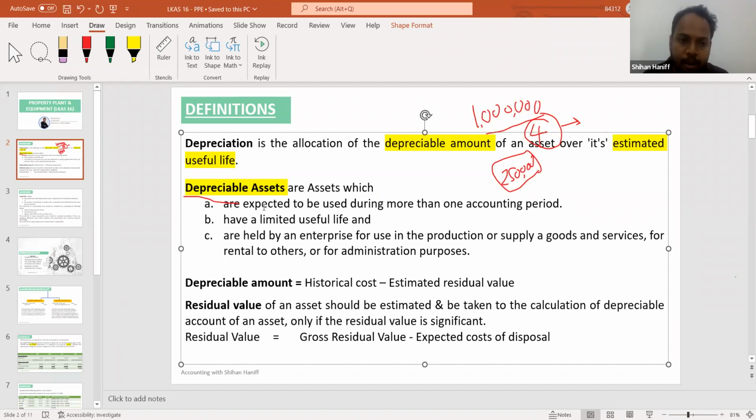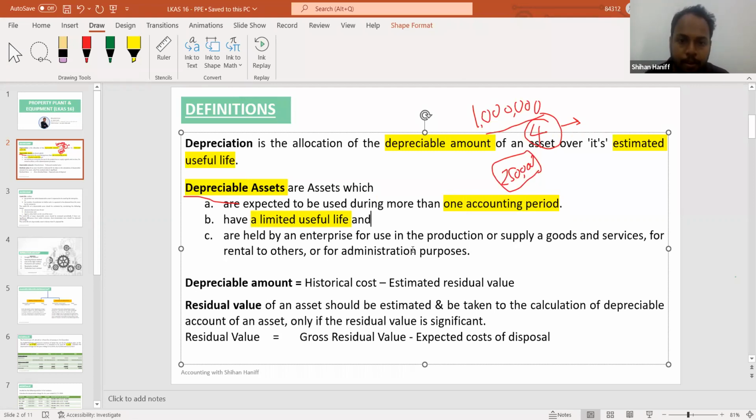The depreciable assets are expected to be used for more than one accounting period, more than a year, and have a limited useful life. If you take land, we don't depreciate the land in our financial statements. Why? The reason is that it doesn't have a limited useful lifetime. That is why we don't depreciate land.